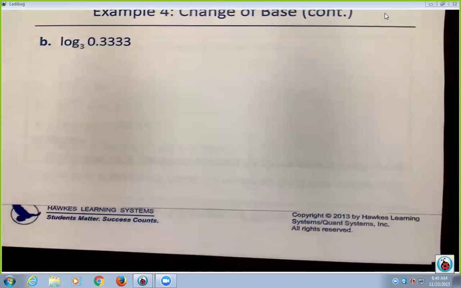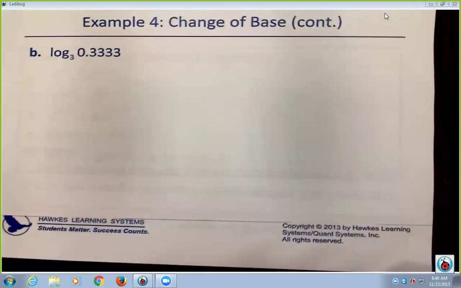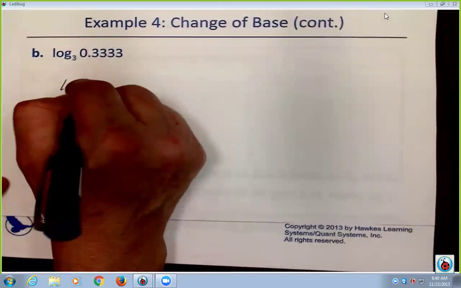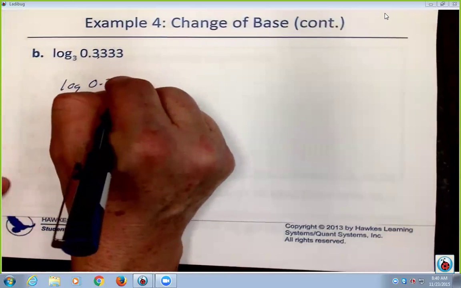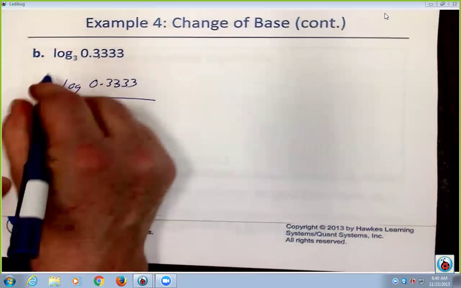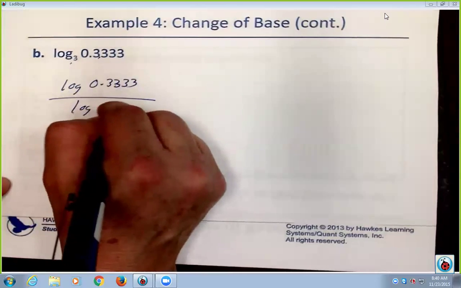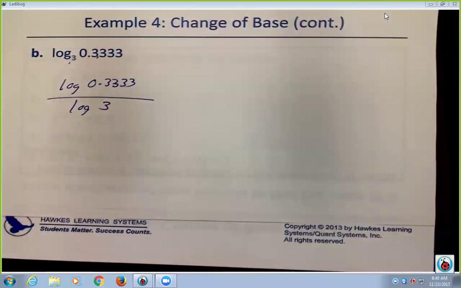What is it going to become? So once again, it's log, the big piece goes on top over the small piece on the bottom, and it becomes what your solution would be for those.